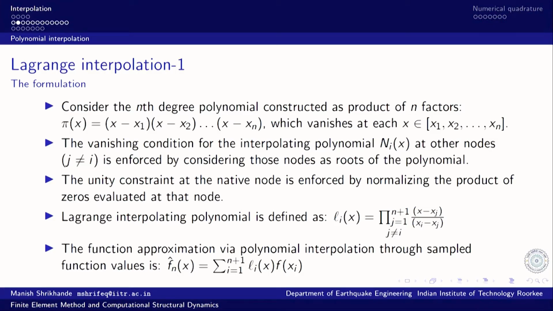And once we have this interpolation function, then it can be combined with the function values specified at these nodes, and just expressed as a linear combination. So, L i f i, and that is the function approximation through interpolation model, polynomial interpolation. So, nth degree polynomial interpolation using Lagrange's interpolation model.